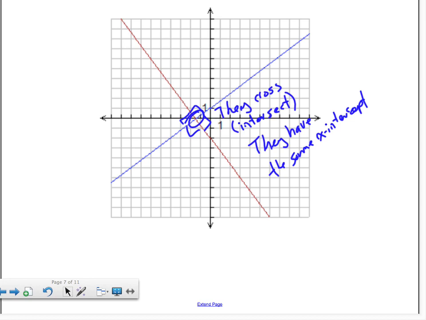So let's do the same thing. Let's find the equation of these lines. How about the blue one, which is going across this way. So again, how do we start? Colleen, what's the first step we want to take?